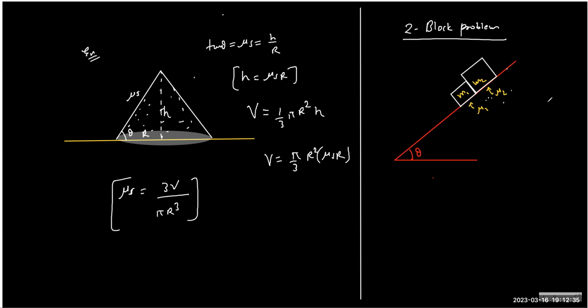M1, M2, mu1, mu2. Okay. And now I'll give a condition. Case one. So mu1, and they are very close to each other. Mu1 and mu2.